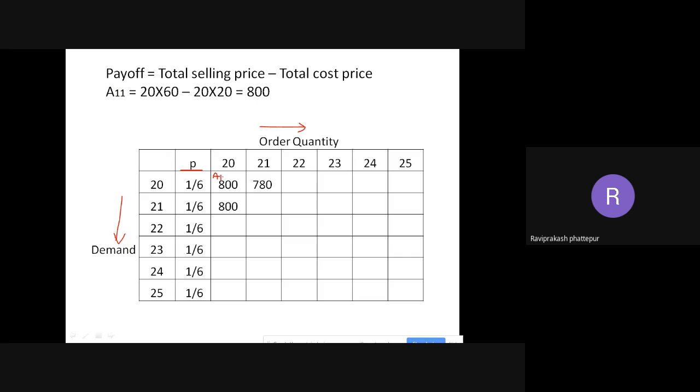How to calculate? Payoff is total selling price minus cost price. Here, how many am I ordering? I'm ordering 20. And the demand is 20.